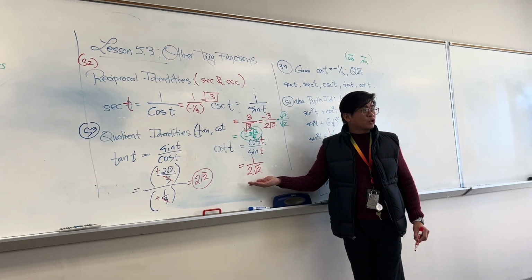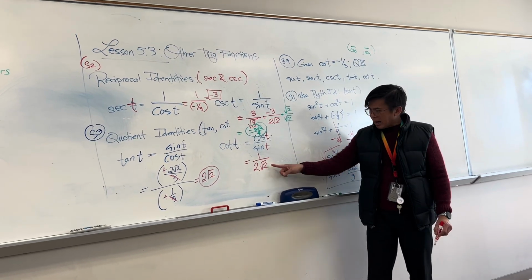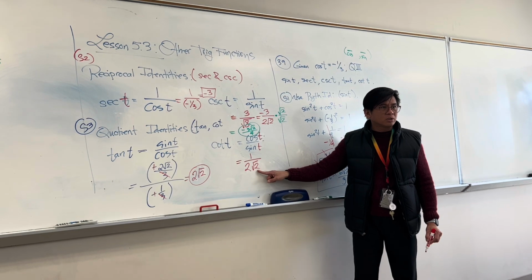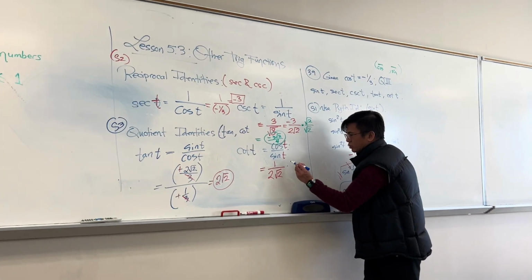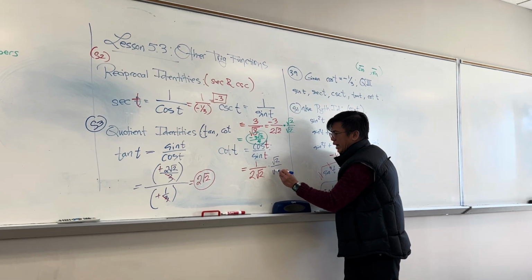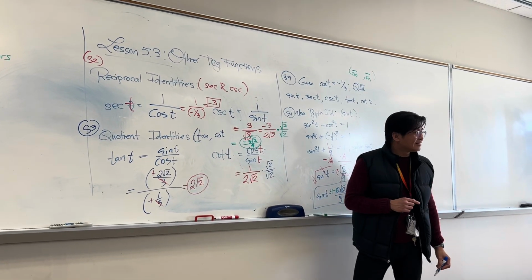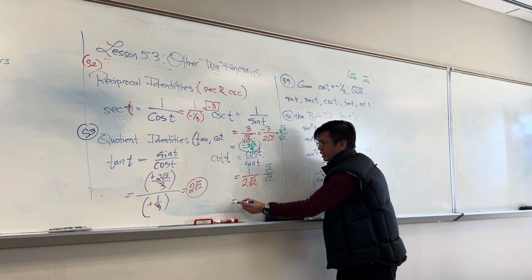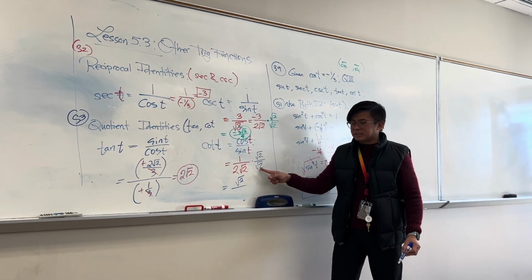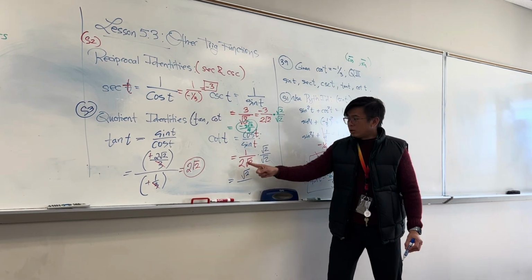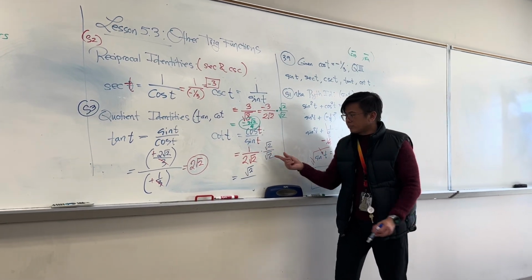Again, do not forget to rationalize. How do you get rid of this square root? Multiply it by that same number, right? Very good. There we go. Square root of 2, up and down. Okay. So let's see. Square root of 2 on top. What's below? What's square root of 2 times itself? 2. Just 2. But there's a 2 out, right? So 2 times 2 will be.